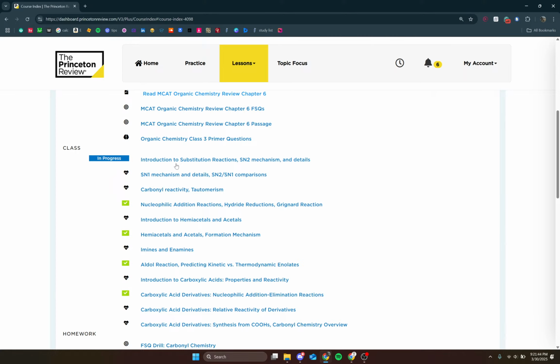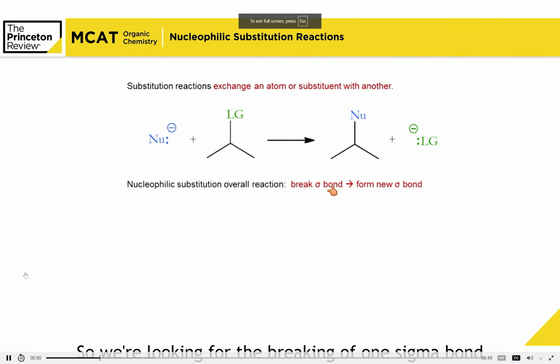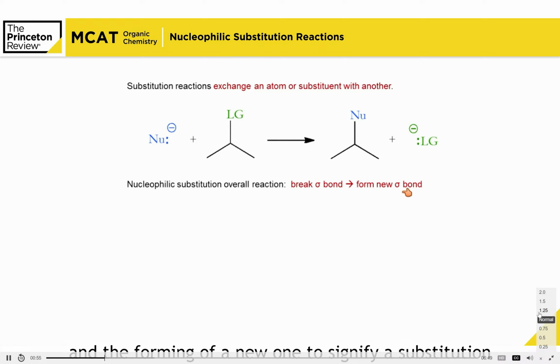So we're looking for the breaking of one sigma bond and the forming of a new one to signify a substitution reaction.